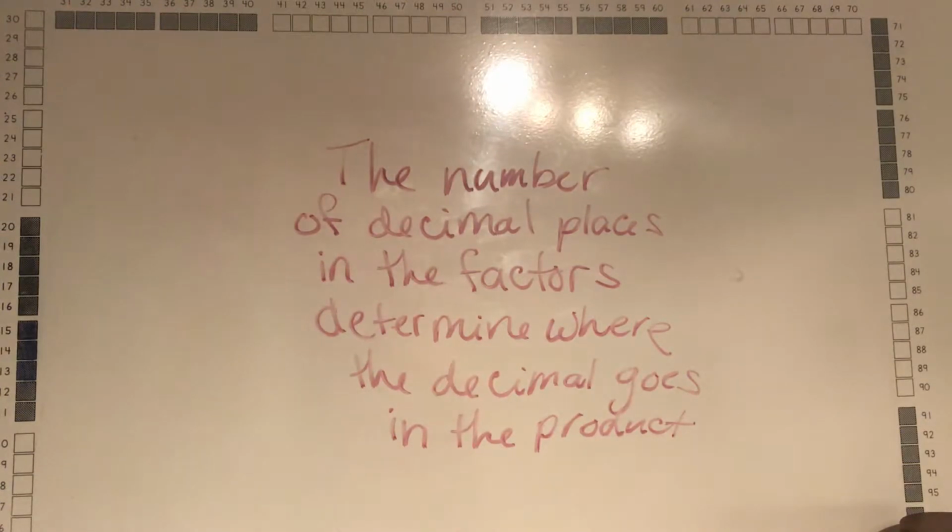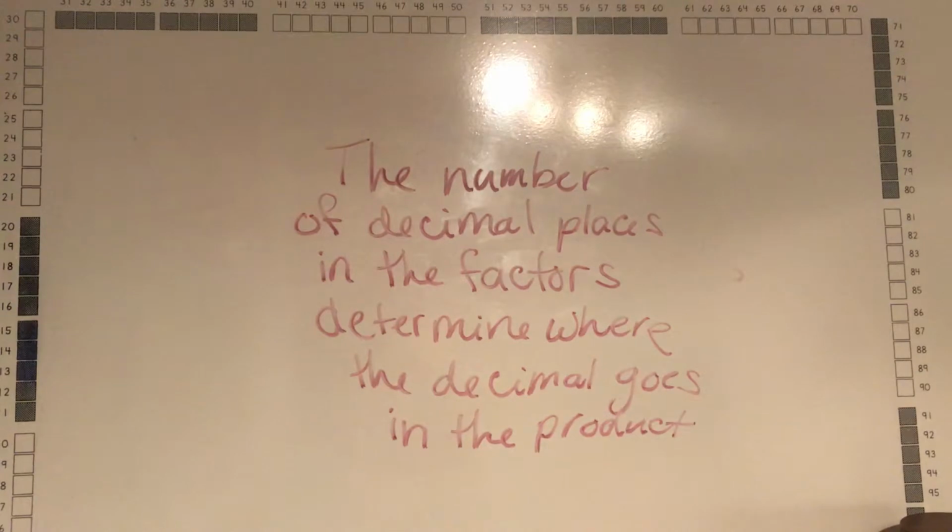So, the number of decimal places in the factors determine where the decimal goes in the product. When we are multiplying two decimal numbers, we count the decimal places within each part of the multiplication problem. We add those together and we then move the decimal to the left that many spaces in our product.